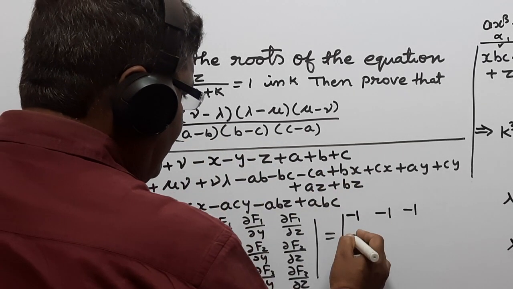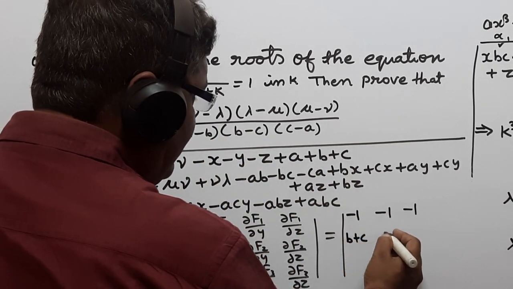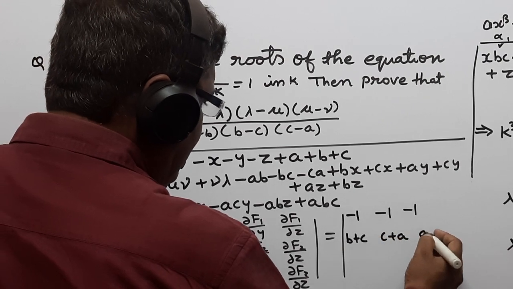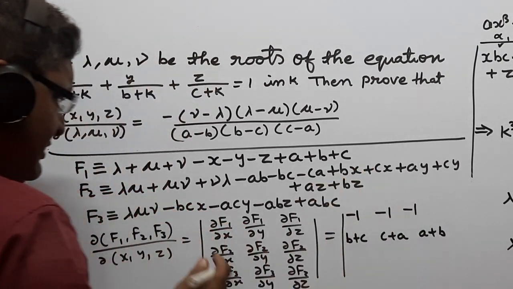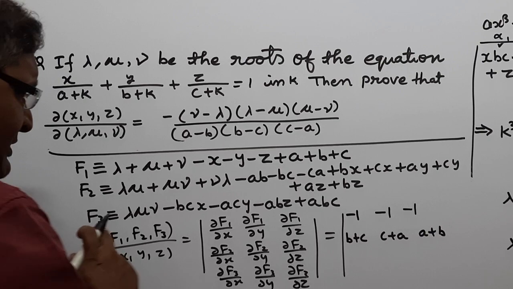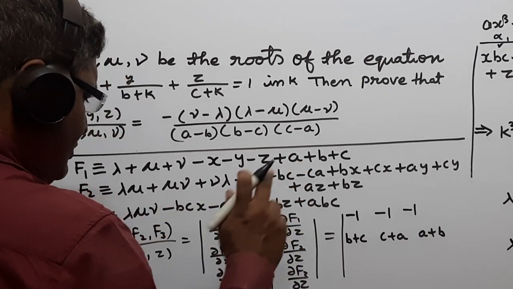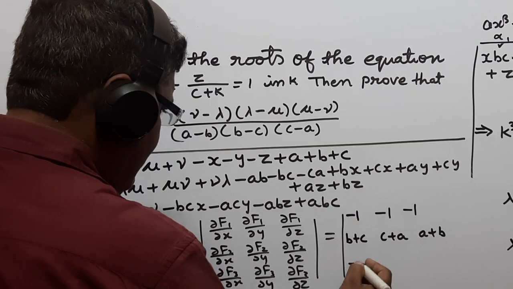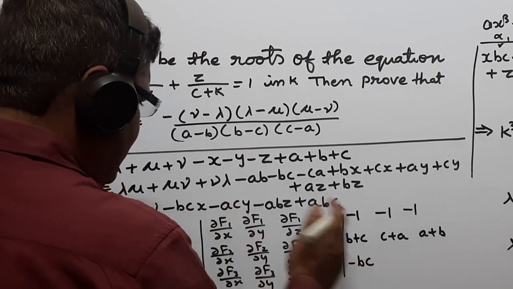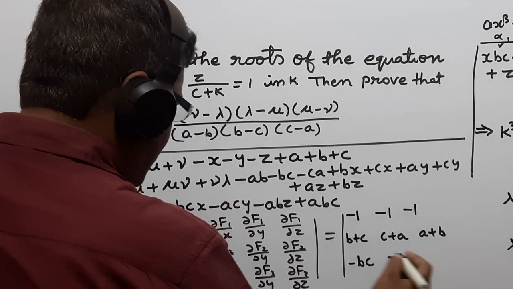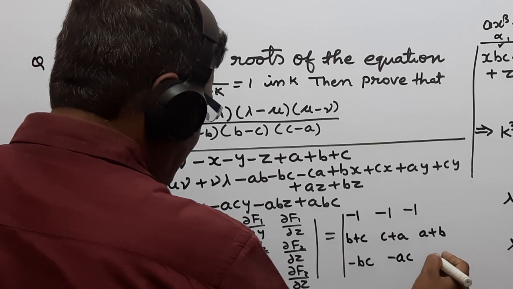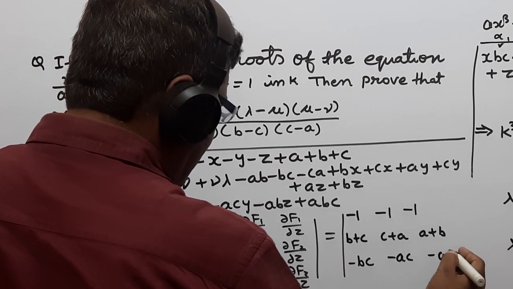So we get b plus c, c plus a and a plus b. Similarly, we differentiate f3 partially with respect to x, y, z. With respect to x we get minus bc, with respect to y minus ac, and with respect to z minus ab.